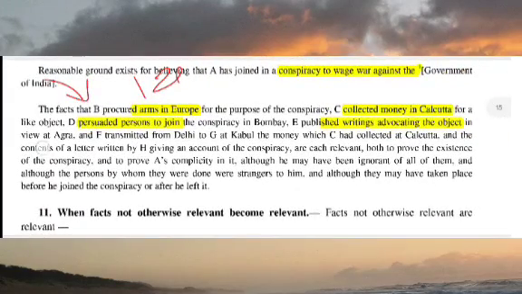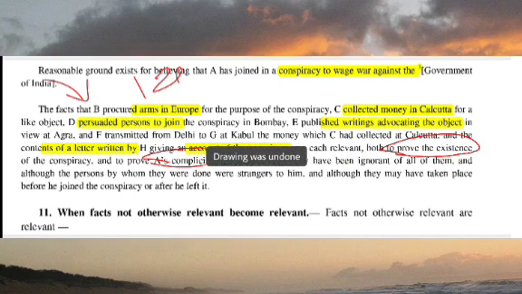And the contents of the letter by H giving an account of the conspiracy are relevant, both to prove the existence of the conspiracy and to prove complicity in it, though he may have been ignorant of all of them, and though the persons by whom they were done were strangers to him, and though they may have taken place before he joined the conspiracy or after he left it.